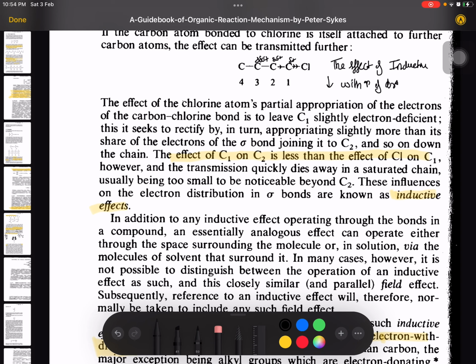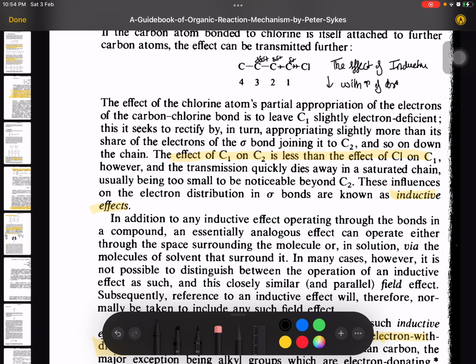The effect of chlorine's partial appropriation of the electrons of the carbon-chlorine bond is to leave C1 slightly electron deficient, right? This it seeks to rectify by in turn appropriating slightly more than its share of the electrons of the sigma bond joining it to C2, and so on down the chain.